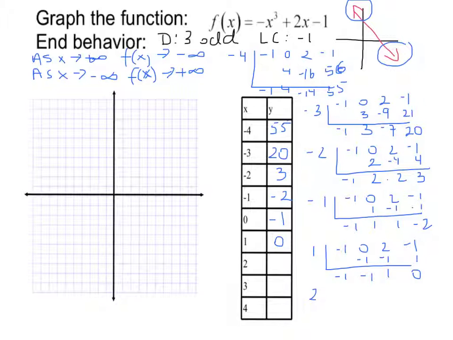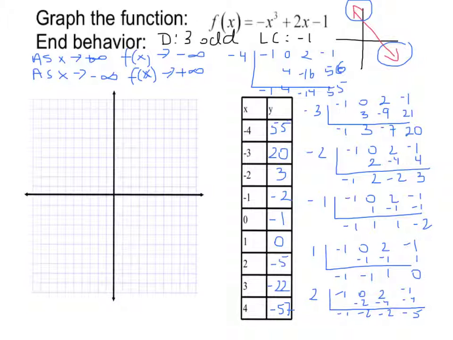At 2, we get -5. At 3, we get -22. And at 4, we get -57. All I have left is to graph these ordered pairs.